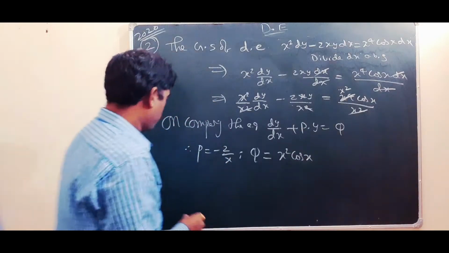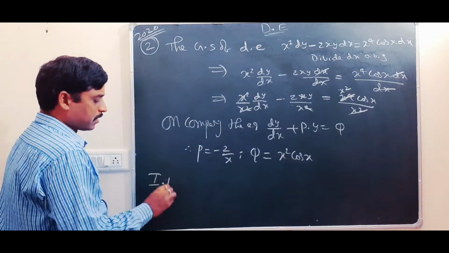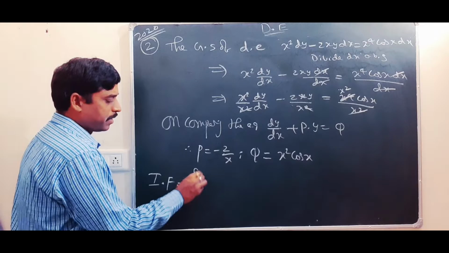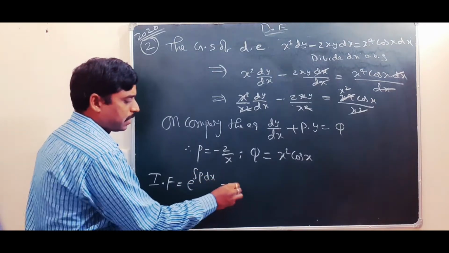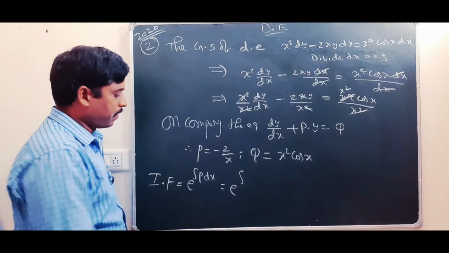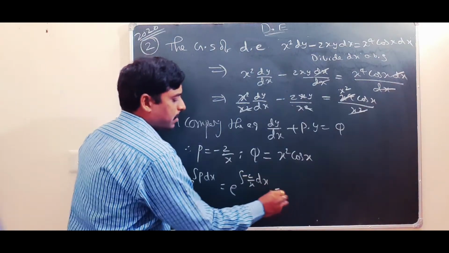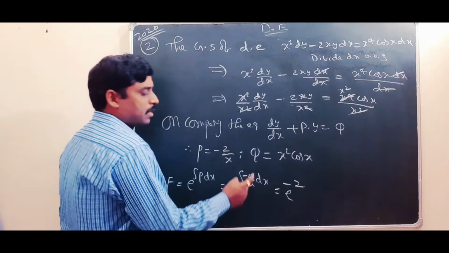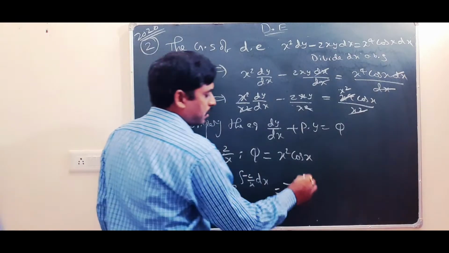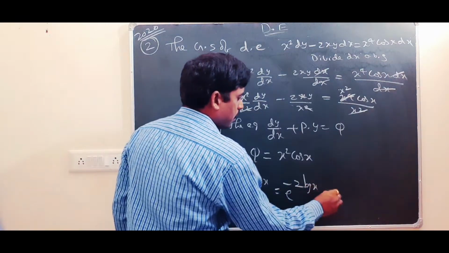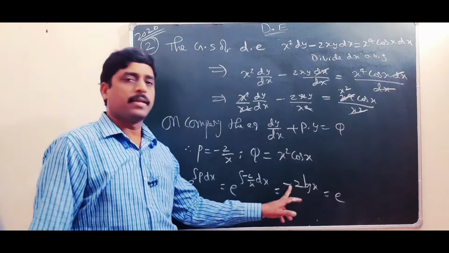First we have to find the integrating factor, e to the power integral p dx is the formula. e to the power integral of p value, minus 2 by x dx. Minus 2 constant, integral 1 by x is nothing but log x. So e to the power minus 2 log x.